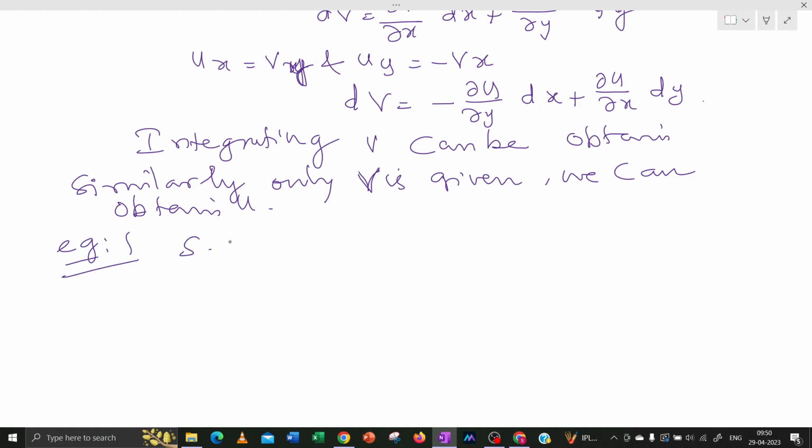Show that u equal to x cube minus 3xy square plus 3x square minus 3y square is harmonic.